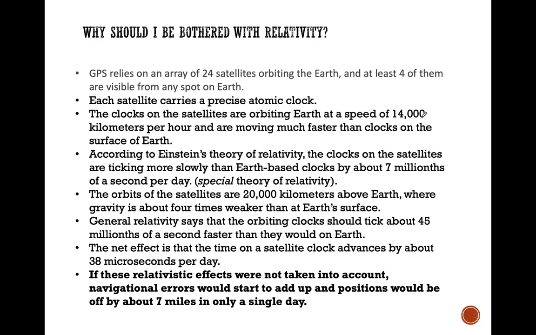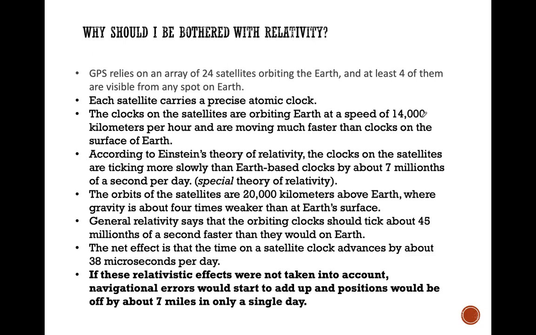Since the gravitational effect from the Earth is smaller for the clocks inside these satellites, they will tick about 45 millionths of a second faster than they would on Earth, right? So there are two effects, one from the special theory of relativity and one from the general theory of relativity. If you combine both these effects, the net effect is that the clock on the satellite advances by about 38 microseconds per day.